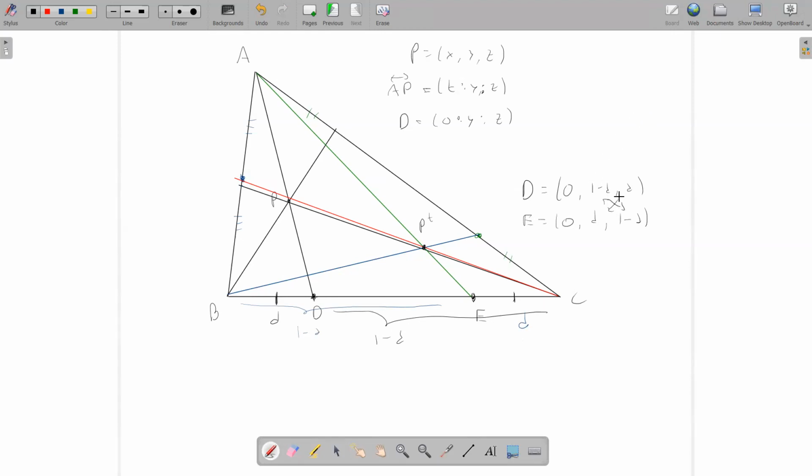What this is telling us is that we just switch the y and z coordinates for D to get E. Therefore, in the homogenized case, E equals 0, z, y. Now, Cevian AE has parametrization s, z, y. We know that P' is on this Cevian, so we know that P' has this form.